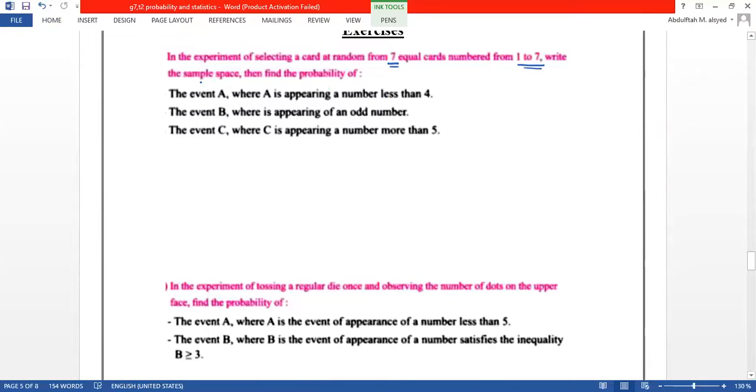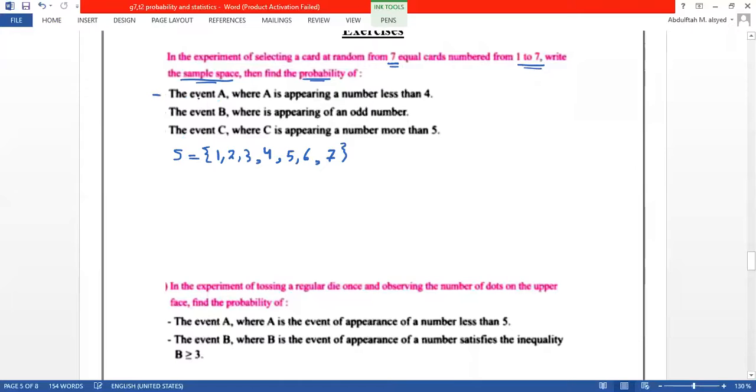Write the sample space first, then find the probability of events A, B, C. First, we have to find the sample space. We have 7 cards numbered from 1 to 7, so the sample space is 1, 2, 3, 4, 5, 6, and 7.